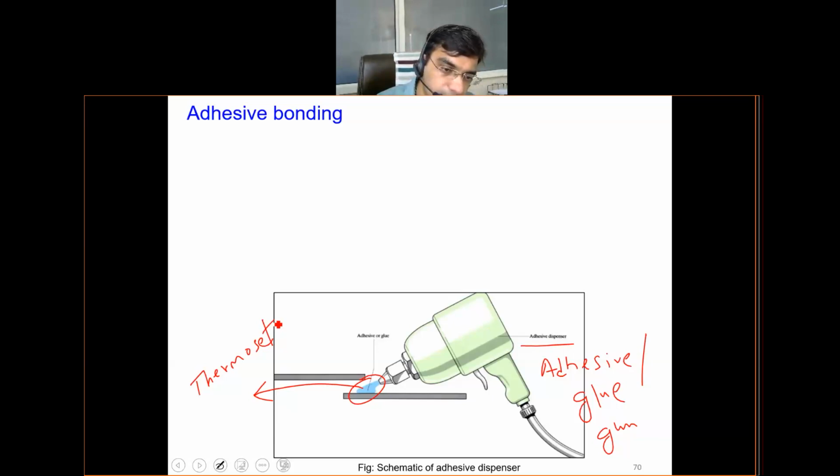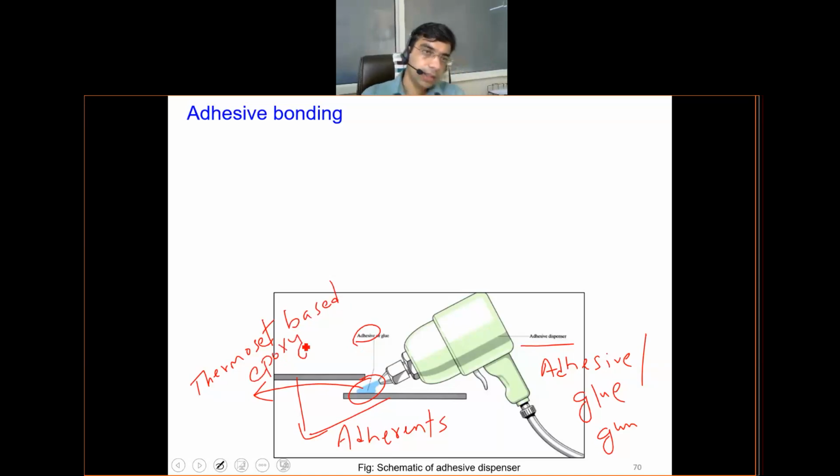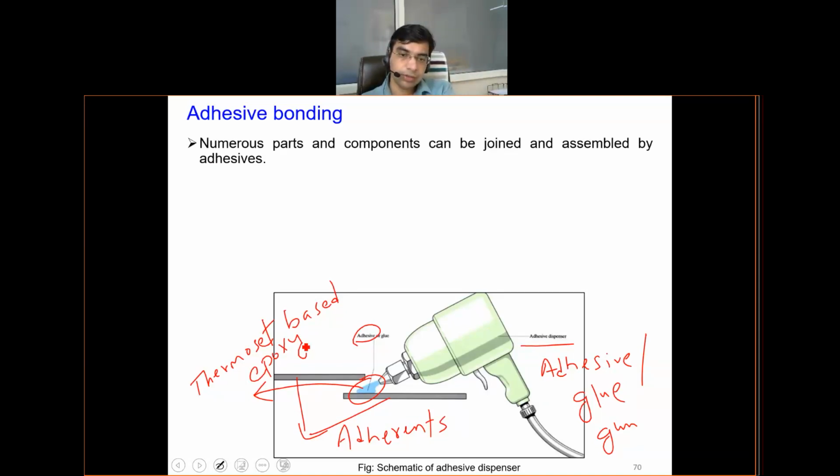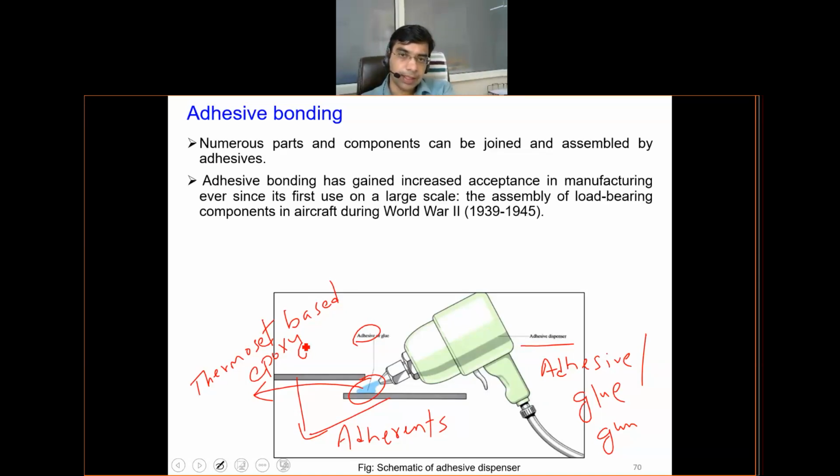These two surfaces or objects in this process are known as the adherents, and of course the glue is known as the adhesive. So it is a thermoset based epoxy which is used as the adhesive bonding material.